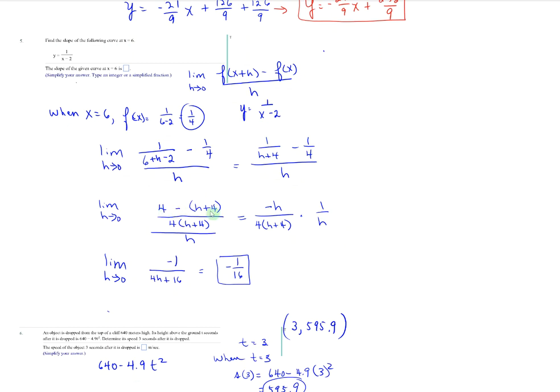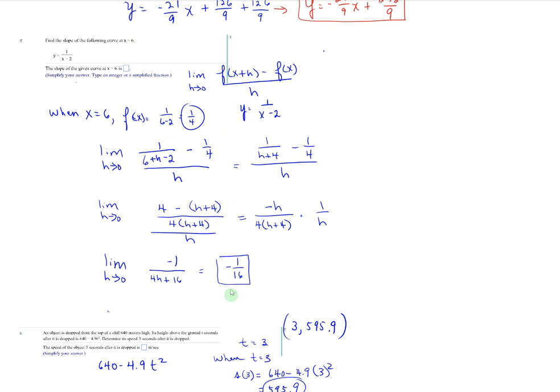We have 4 minus (h plus 4) over the common denominator, 4 times (h plus 4), all over h. Up here, the 4's cancel out, and we're left with negative h over 4 times (h plus 4), times 1 over h. The h's cancel out, and we're left with negative 1 over (4h plus 16). As h goes to 0, we have negative 1 over 16.